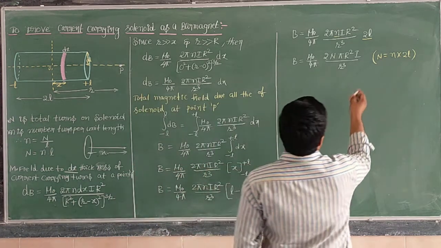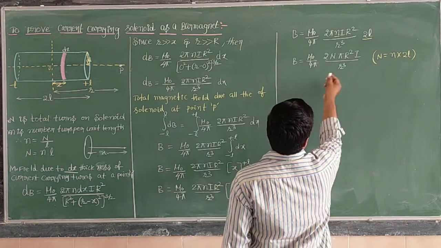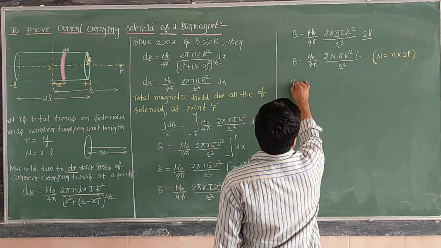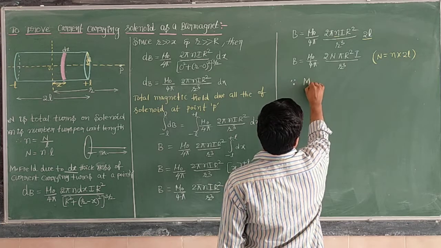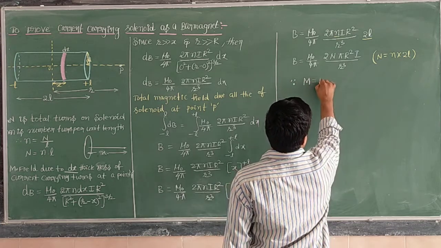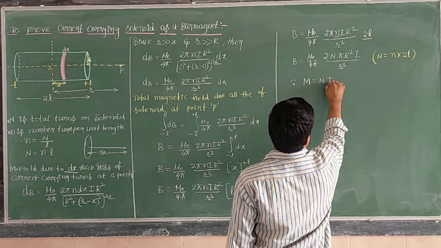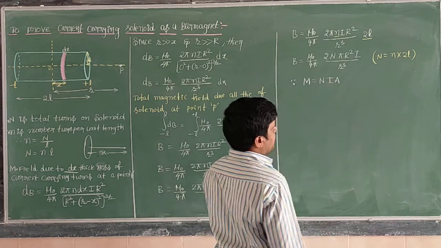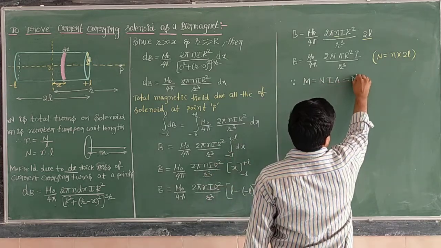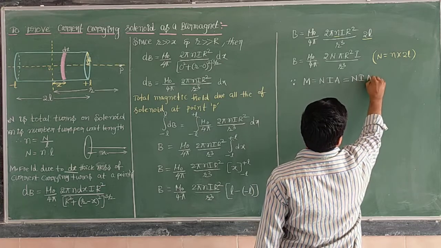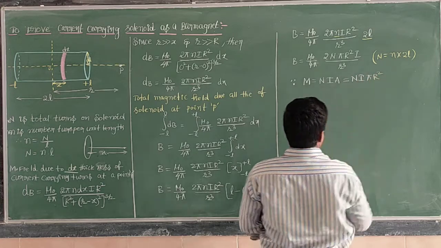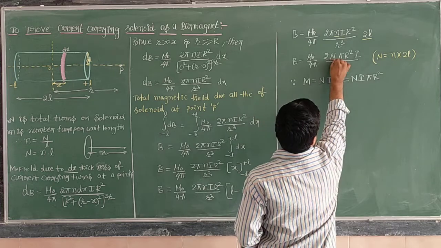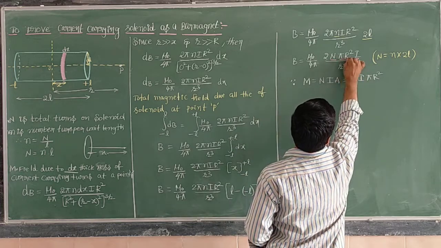From this we can write, since we know that magnetic dipole moment is equal to NIA, A means pi r square. See here, N I pi r square is there.